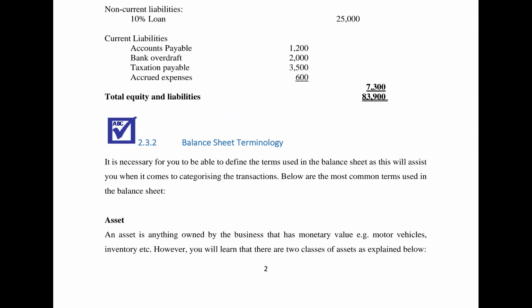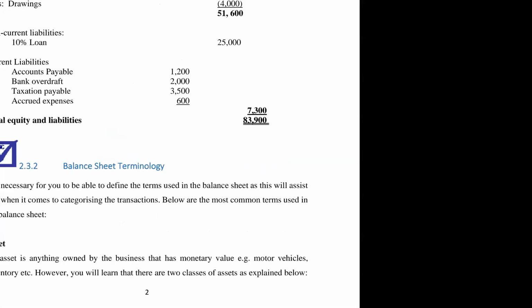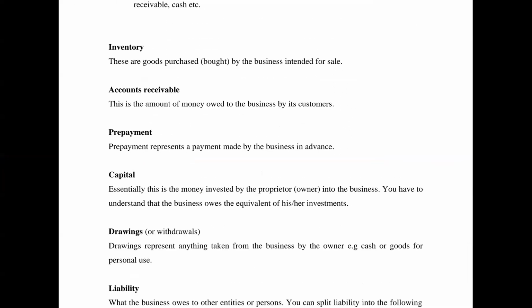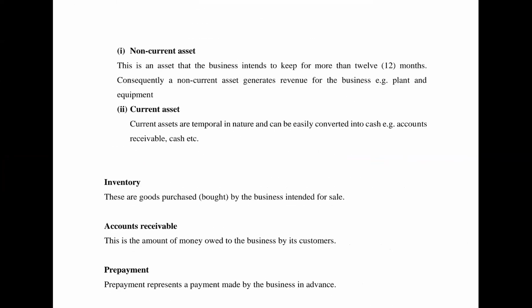An asset is just anything owned by the business that has monetary value. We do include motor vehicles, inventory, just those assets that I've already talked about. So anything that belongs to this business and has monetary value.